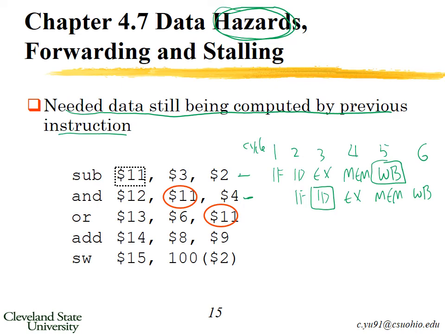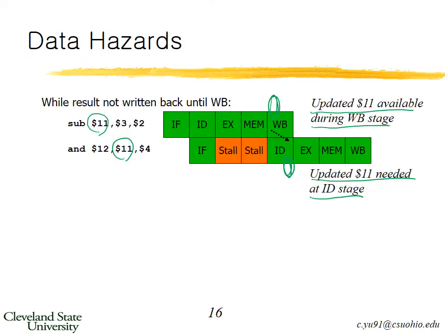So time-wise, it doesn't work. The only possibility is that we have to stop the pipeline. Luckily, in the write back stage, we update register 11 in the first half of the cycle, and the reading in the ID stage is done during the later half of the cycle, if you remember the previous lecture.